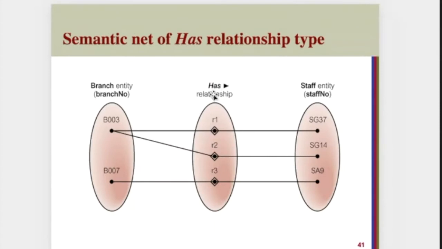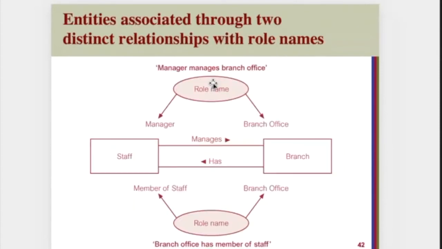This is the name of the relationship or the name of the role. Role or relationship, same. Sorry, the role. I'm just going to explain something about role name with the help of an example. Look at this ER diagram. Staff is an entity, branch is an entity, and they are related to each other in two different ways.